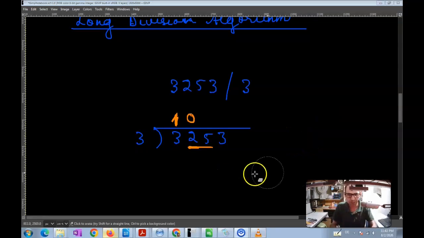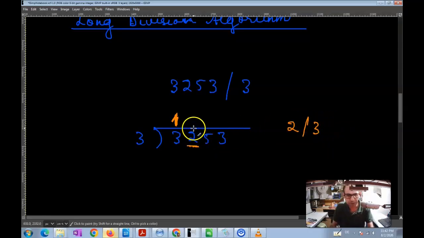But one thing that I forgot to do over here was that when I was considering only the two groups of 100, and I asked the question 3 goes into 2 how many times, meaning what is 2 divided by 3, this 2 over here is in the hundreds place value.